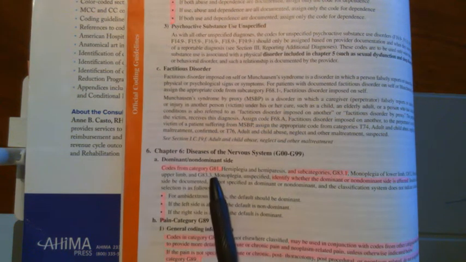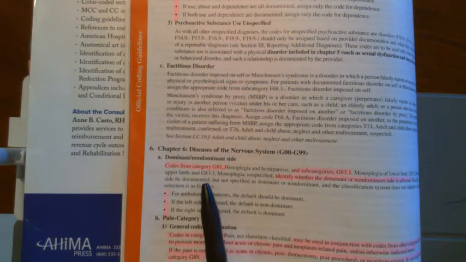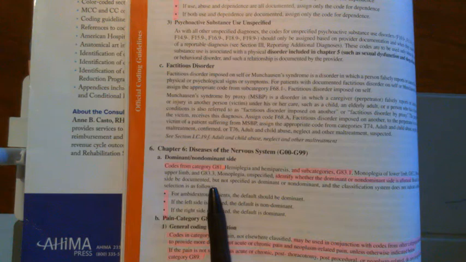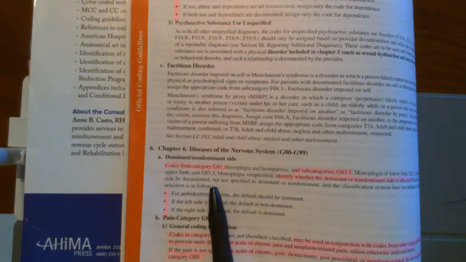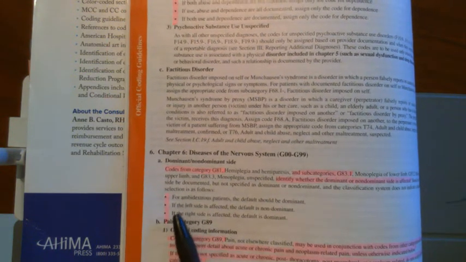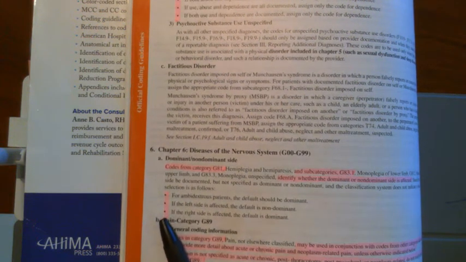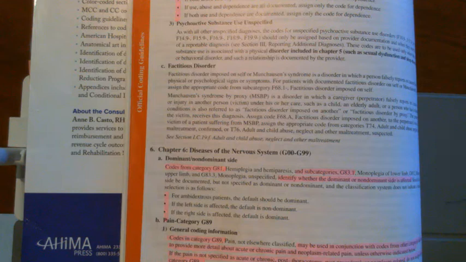So these are codes that fall in category G81. For example, if we have hemiparesis, hemiplegia, monoparesis, monoplegia, these are the types of conditions that pertain to dominant versus non-dominant side. The way it breaks down is by ambidextrous, left side, right side.